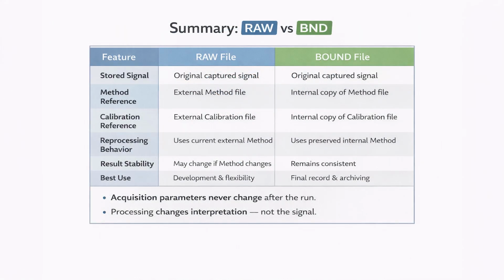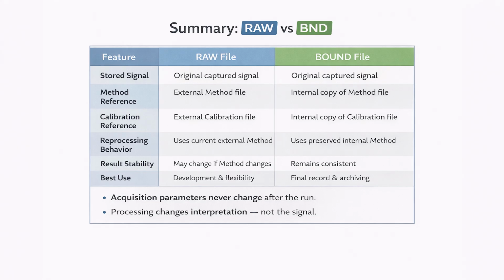To summarize, a raw data file is the original captured signal combined with external interpretation rules. A bound data file is the captured signal plus the internalized method, calibration, and stored interpretation used to generate the results. Neither file changes acquisition parameters after the fact.